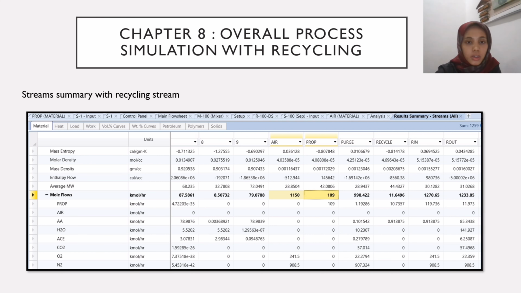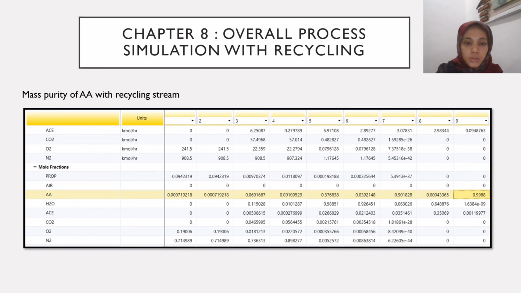This is because there is an extra recycle stream from the flash column. So the total flow rate for the 3 streams that enter the mixer must not exceed the total flow rate for the process without recycle, as the final production of acrylic acid is exactly the same for both cases. The recycled product from stream 3 will decrease the inlet flow rate of feed materials.